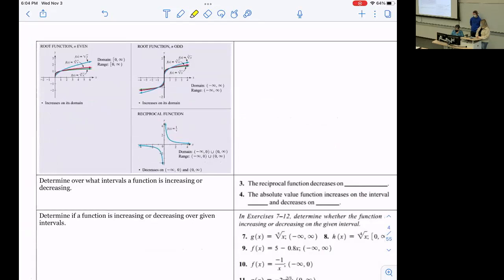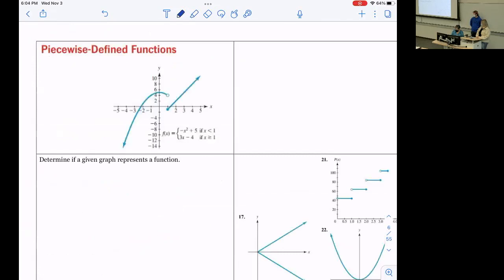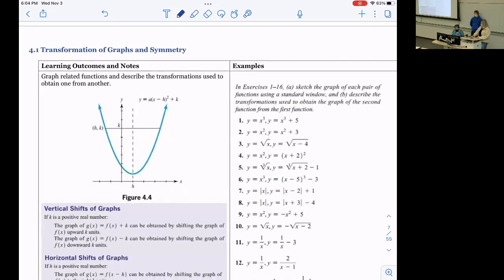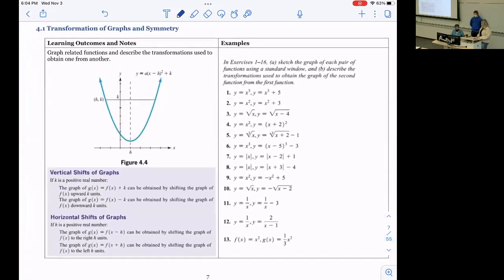I've written learning outcomes but also textbook notes, so you can see notes from the textbook over linear functions or quadratic functions. I was trying to make a study guide, cheat sheet, and extra practice all in one very robust packet. So with that, I'm going to turn the session over to our very capable math CECs.